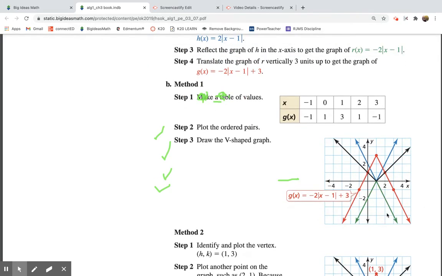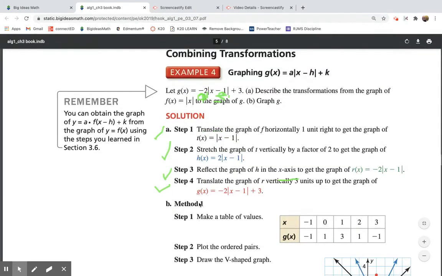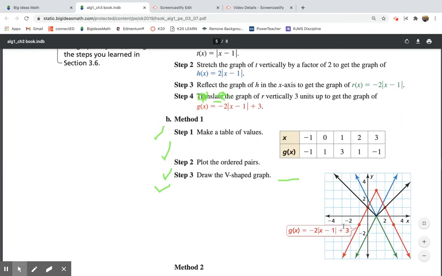And then we graph it. So negative 1, negative 1; 0, 1; 1, 3; 2, 1; 3, negative 1. So it's this red one right here. That's what it would look like if we were to graph it. What they've done here is they've shown each individual transformation. The black one's the original, then after one transformation, they translated it horizontally 1 unit.